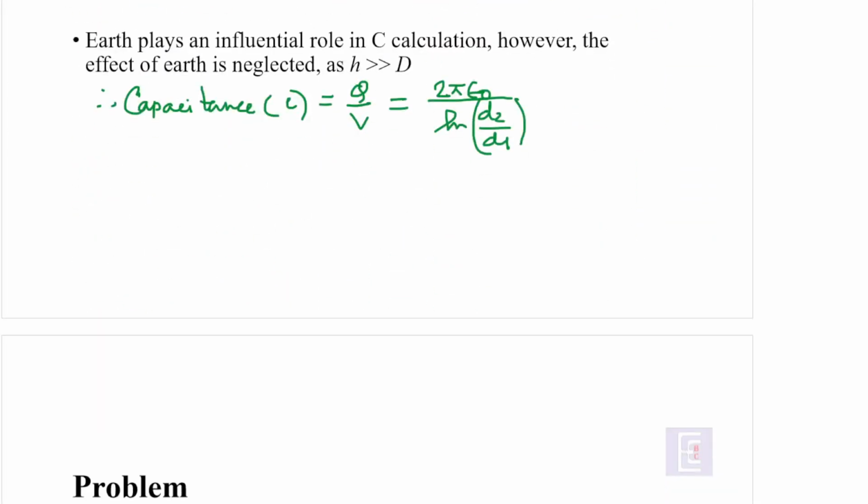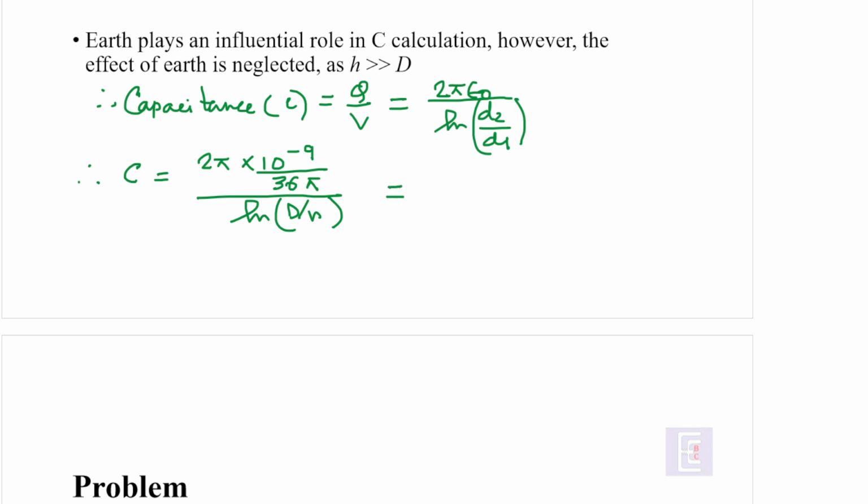So what we have got? C is equal to 2 pi epsilon 0, which is 10 to the power minus 9 by 36 pi, over ln d by r.